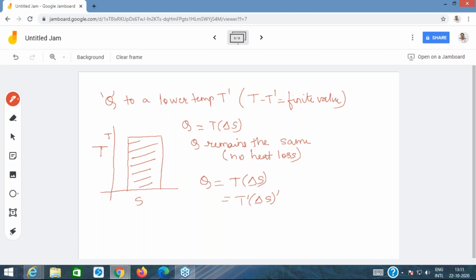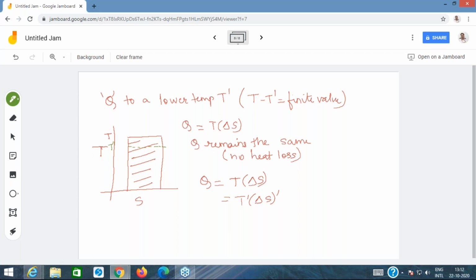I will show the T dash in green. This T dash is a temperature which is lower than T, such that T minus T dash is a finite value.